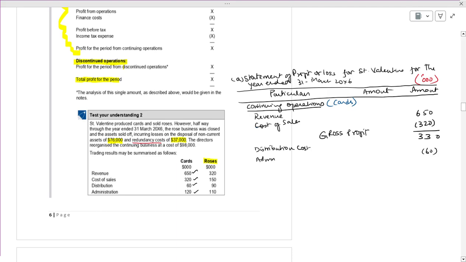Administration is 120. How much will you get? 330, 270, 150. Check.